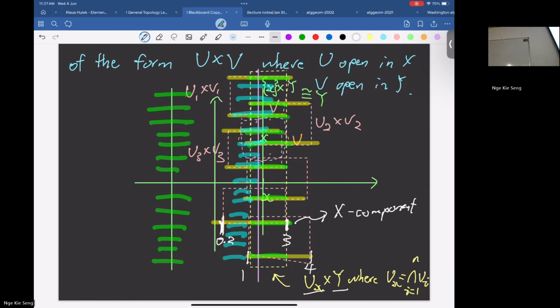Yes. The vertical part, we don't care about the vi, we just take y. Okay, so there's a tube here. Yes, you can think like that, I flatten them.